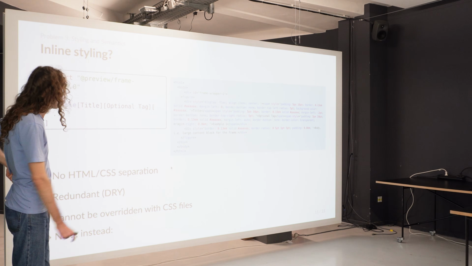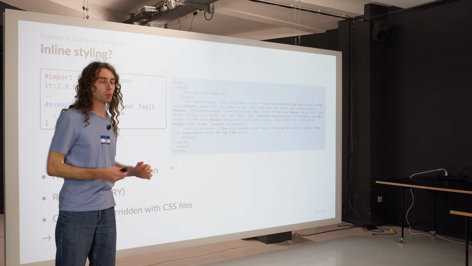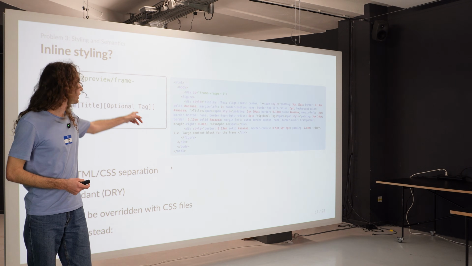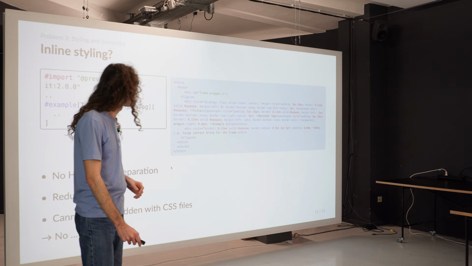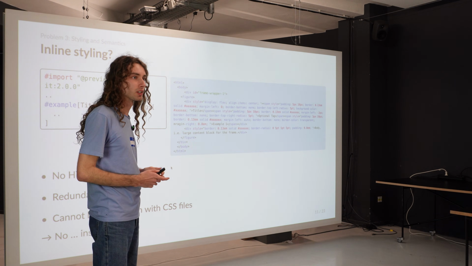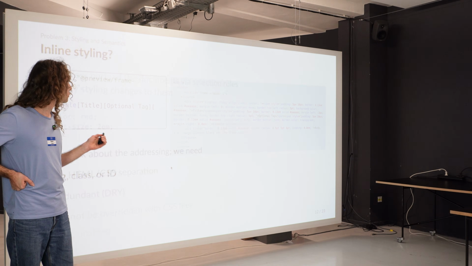And also this can't be overridden with CSS files, which is the correct way to do it. You can't override these styles basically, because these have the inline CSS that has the highest priority. Right. So it's a good idea and a good intent, but I think it needs to be done differently.